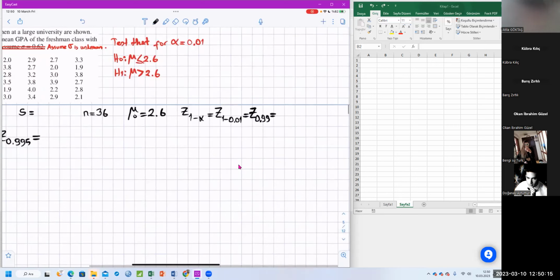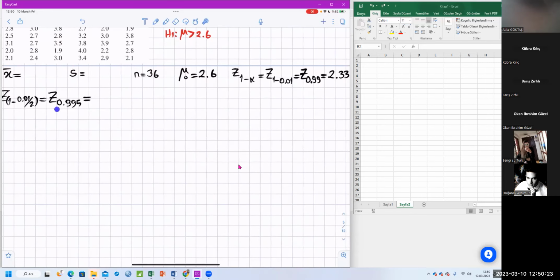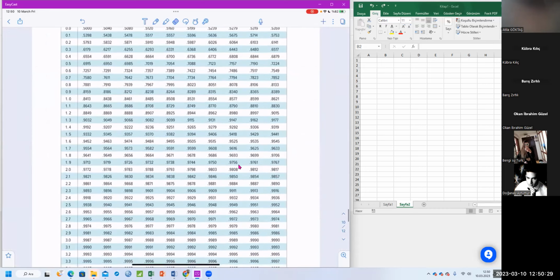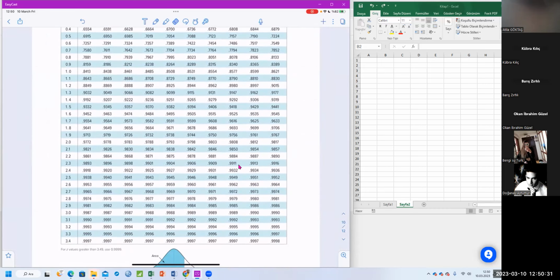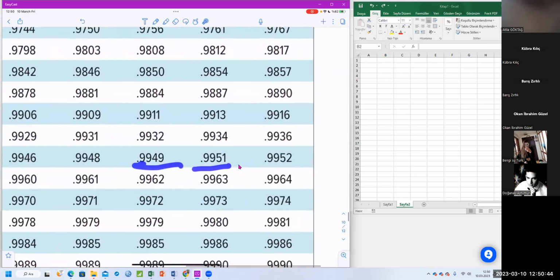So I can easily write the result for this one. This is going to be 2.33. And the other one, look at this one, 0.995. I'll get to the same table and need to find out where 0.995 is. You see, it's very close.